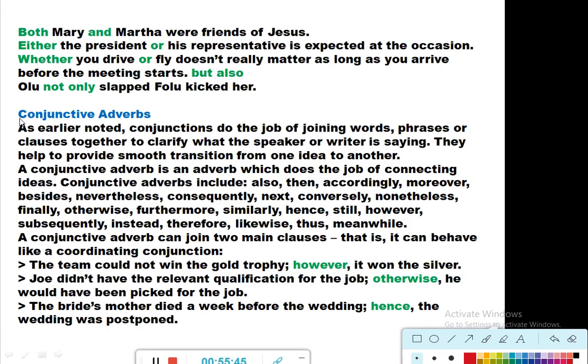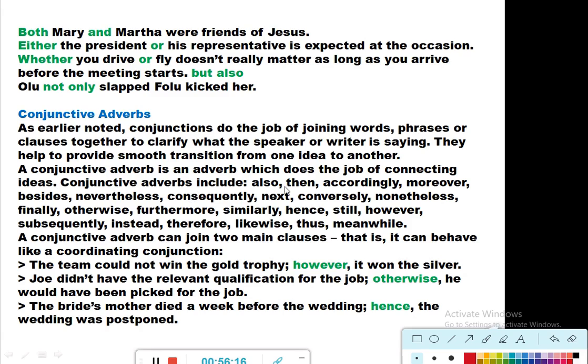Then finally, in conjunctions, we have conjunctive adverbs. As earlier stated, conjunctions do the job of joining words, phrases, or clauses together to clarify what the speaker or writer is saying. They help to provide smooth transition from one idea to another. A conjunctive adverb is an adverb which does the job of connecting ideas.